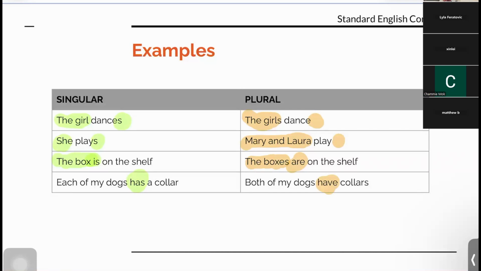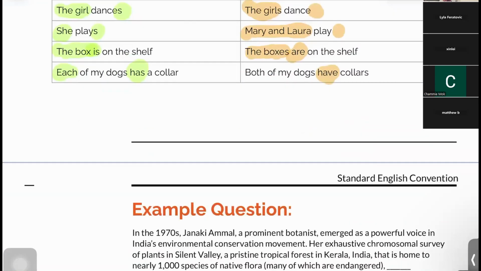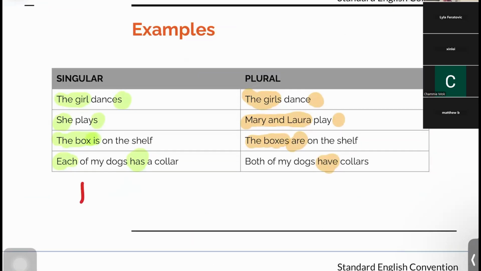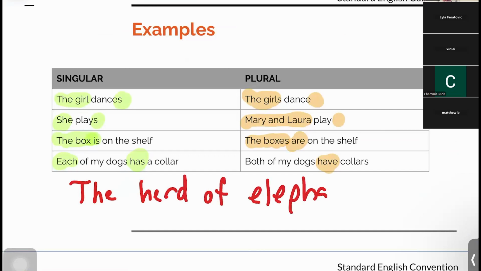One quick thing I will mention. Remember my example when I said the herd of elephants are hungry?